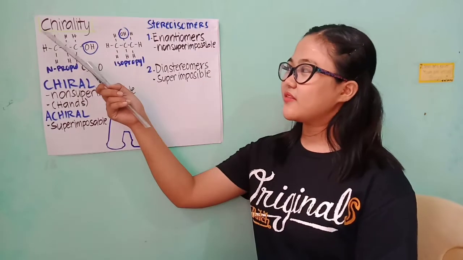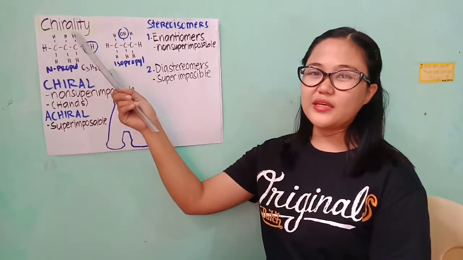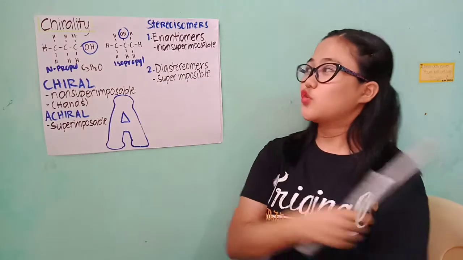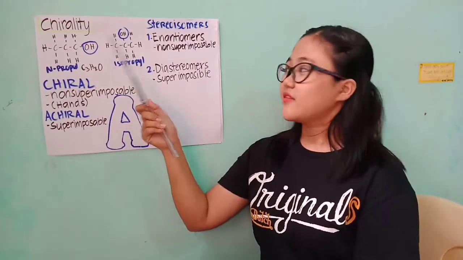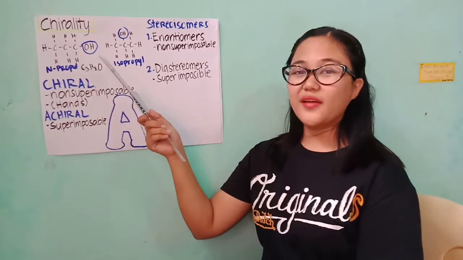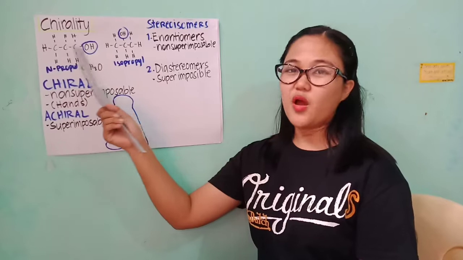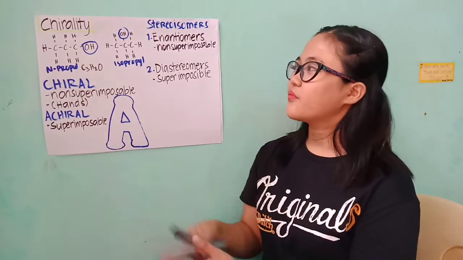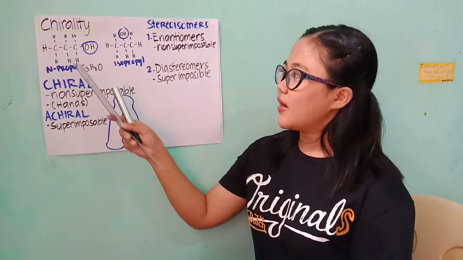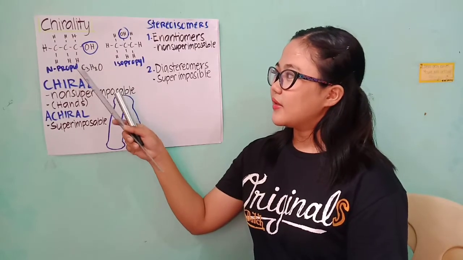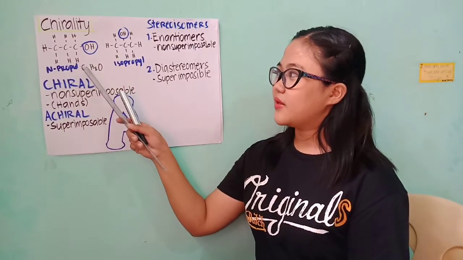What is chirality? Chirality is a type of isomerism. Two compounds have the same formula but differ in arrangement. This is a form of chiral. As you can see, the formula is the same.